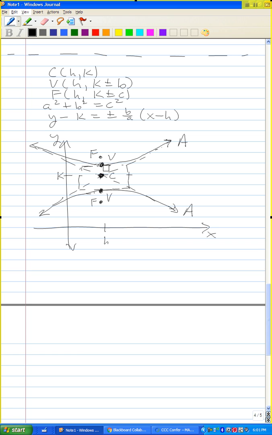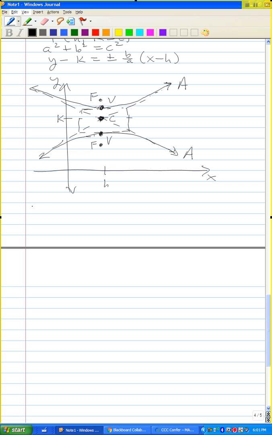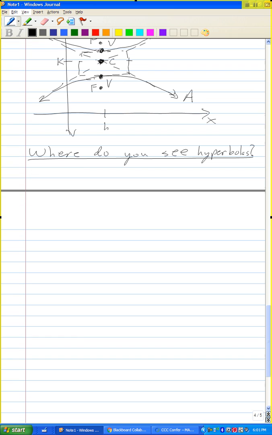So where do you see hyperbolas? Well, let's say that this is the sun, and you happen to have a comet.